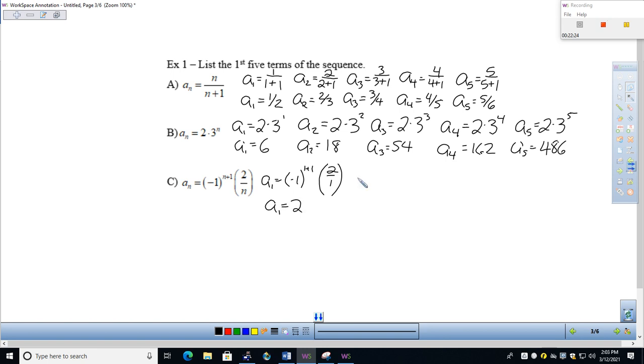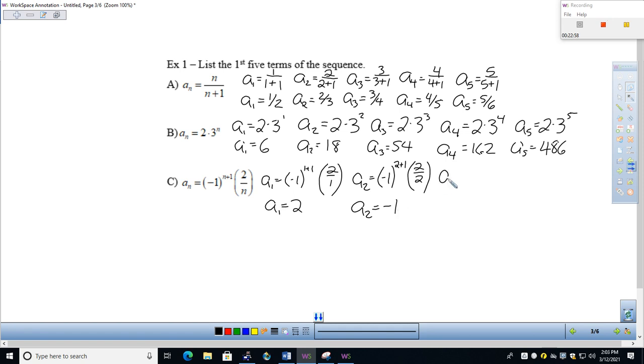Excellent. A sub 2 equals -1 to the 2 plus 1, and then 2 over 2, right? Okay, and so a sub 2, now here's a good one. When I do -1 cubed, that would be -1 as opposed to +1 from over here. So -1 times this one, so that should be -1 right there.